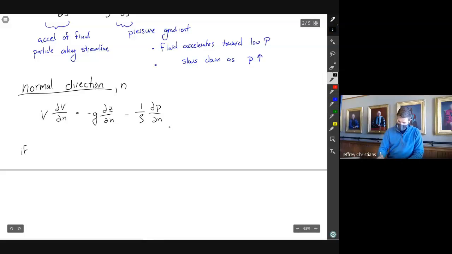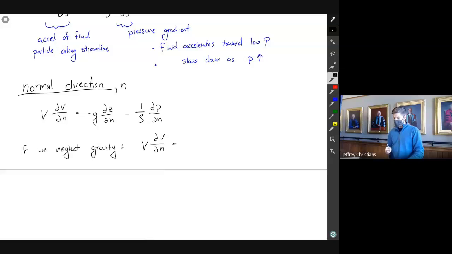If we again neglect gravity, this gives us the acceleration of the fluid in the normal direction is equal to minus 1 over rho d pressure dn.